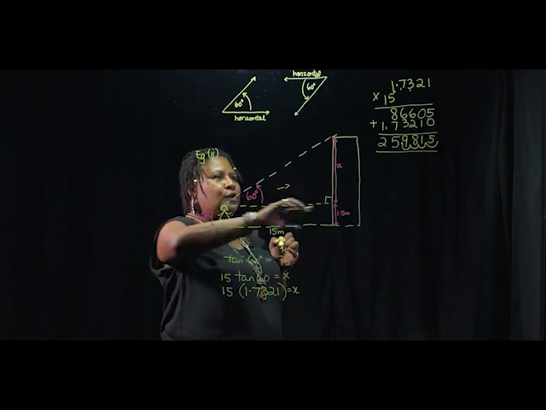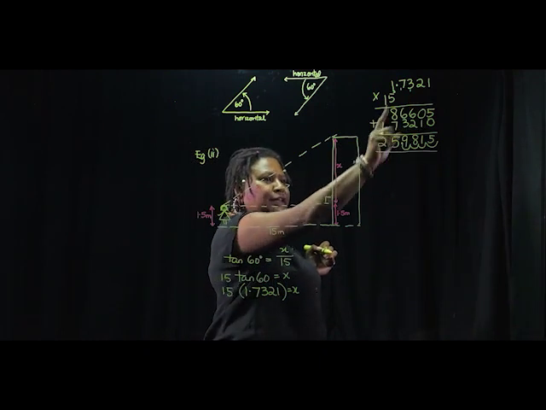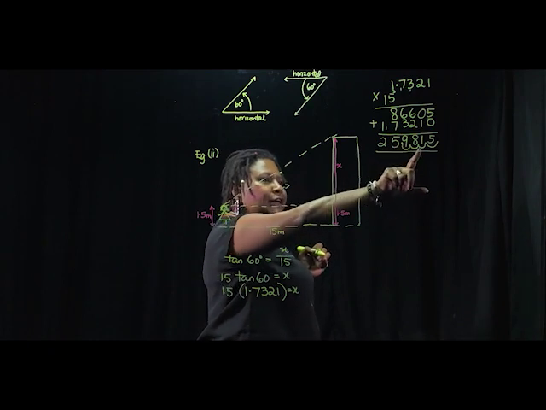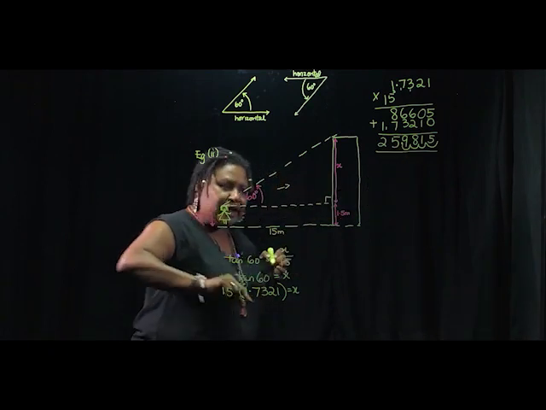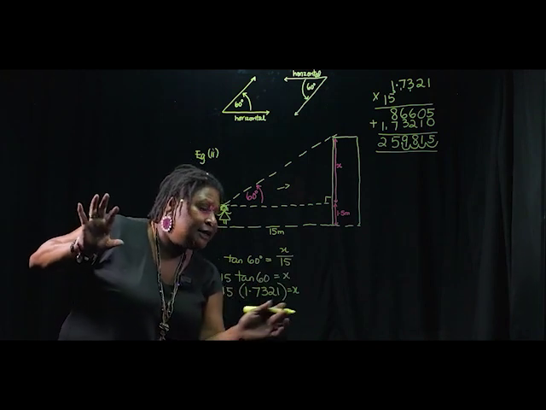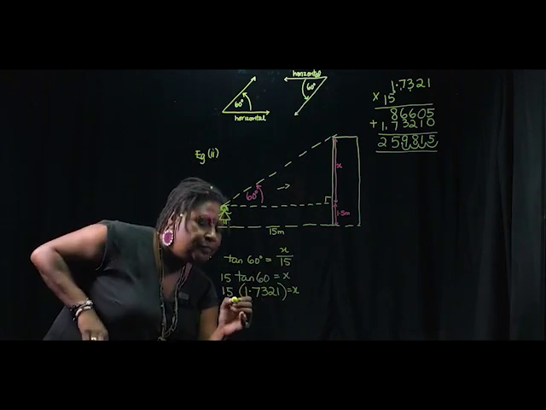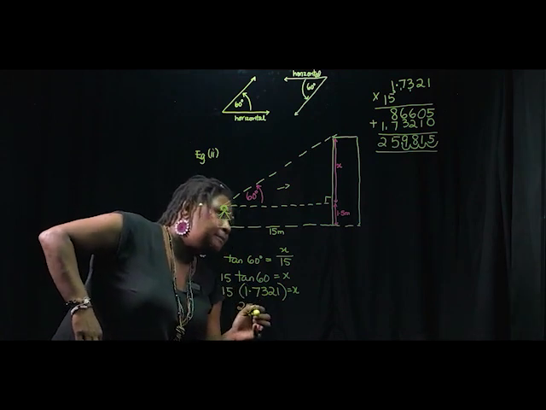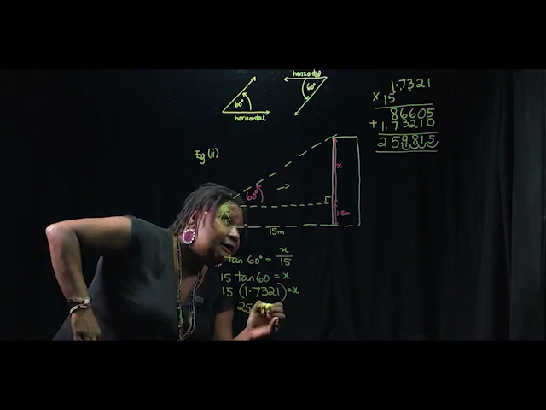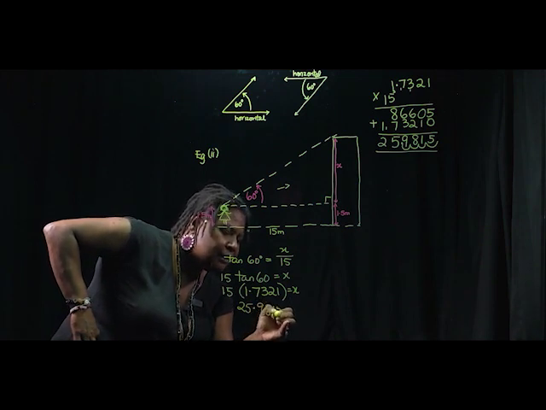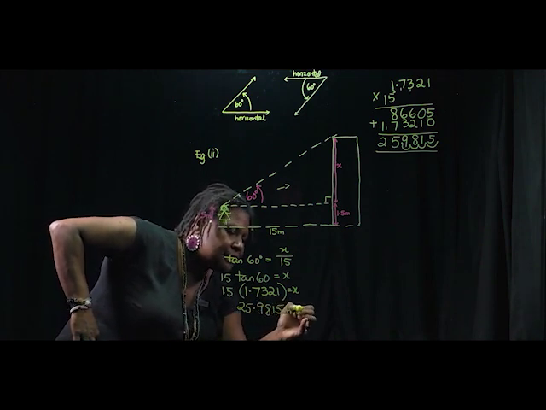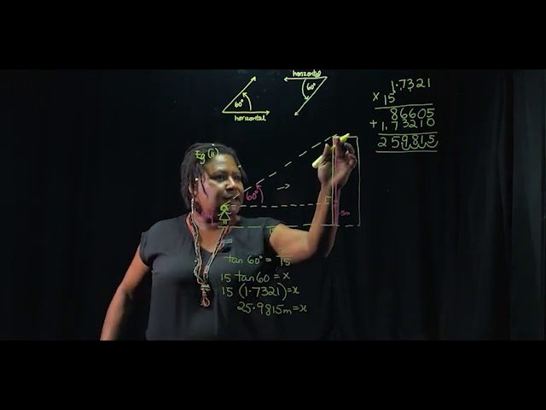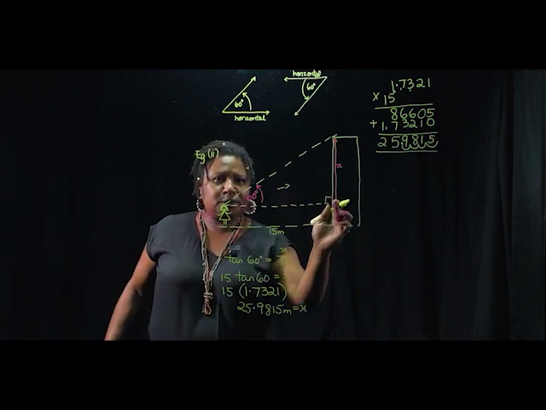So 1.7321 times 15 gives us a value of 25.9815. That's the answer. X is equal to 25.9815 meters. That's the value of x from the top of the building to this point here.